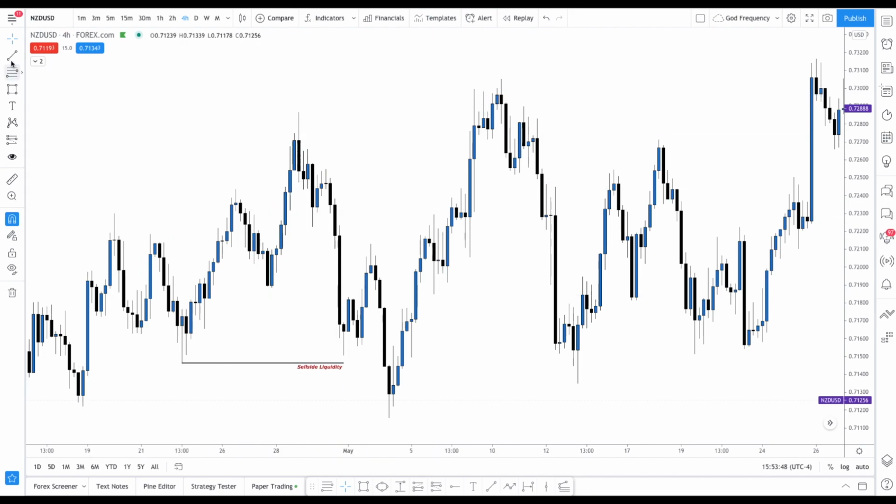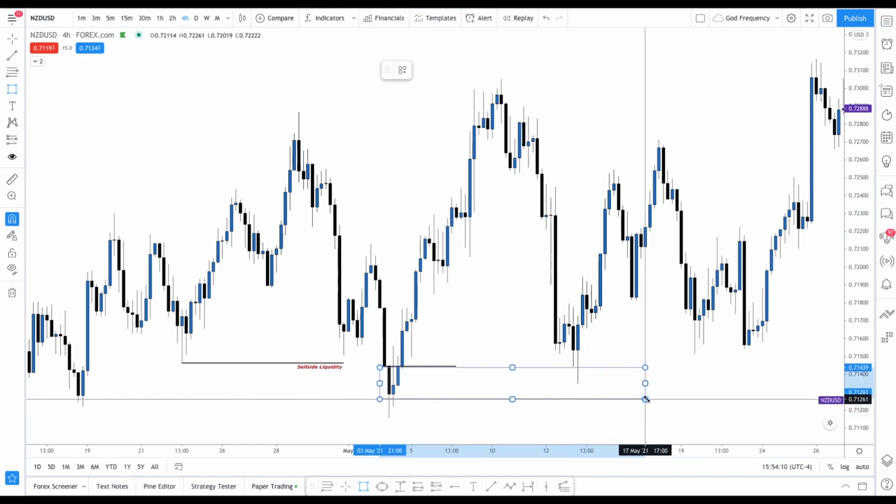So now we know that the market makers took the sell side liquidity. They drove the market back up. So now we're waiting for a return to origin, or return to the order block.